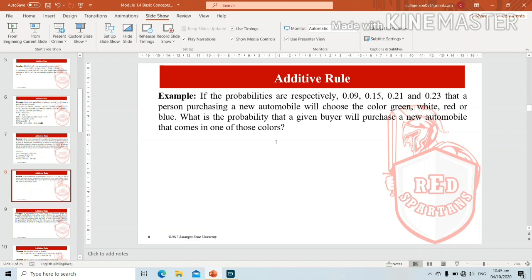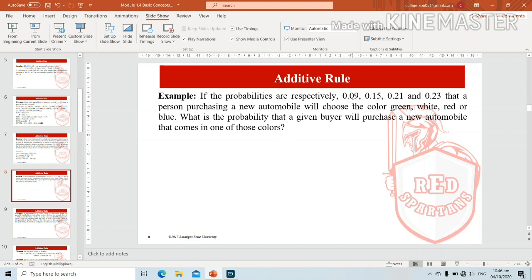If the probabilities are respectively 0.09, 0.15, 0.21, and 0.23, that a person purchasing a new automobile will choose the color green, white, red, or blue, what is the probability that a given buyer will purchase a new automobile that comes in one of those color?